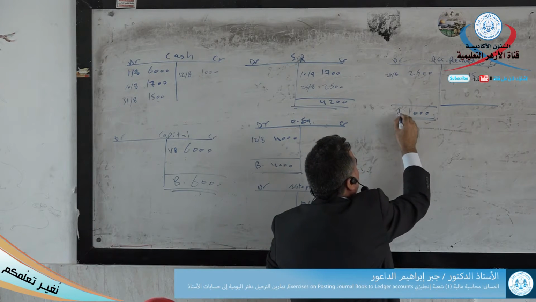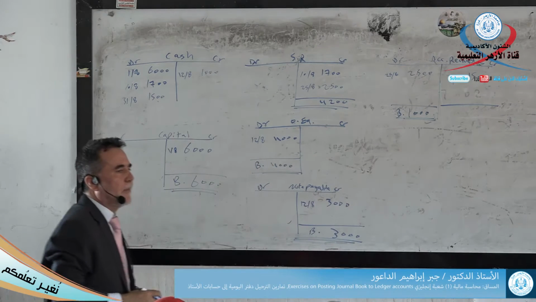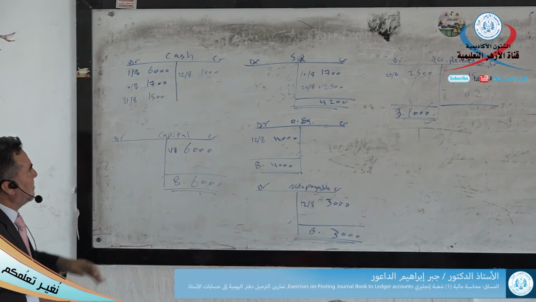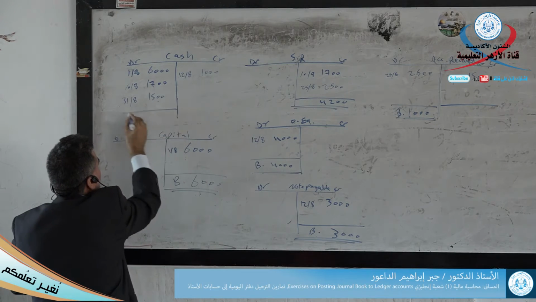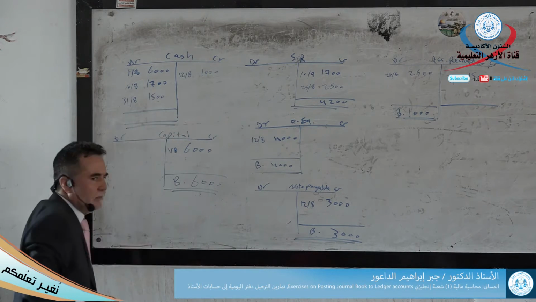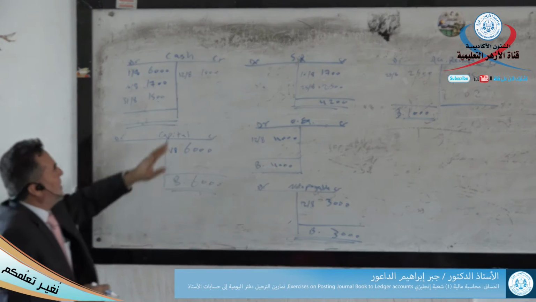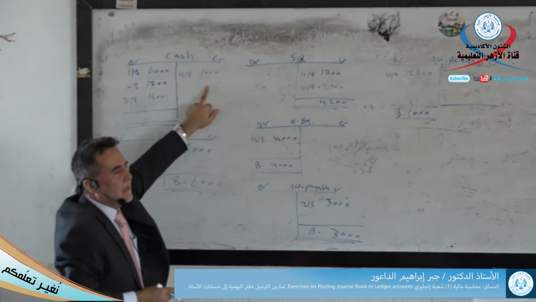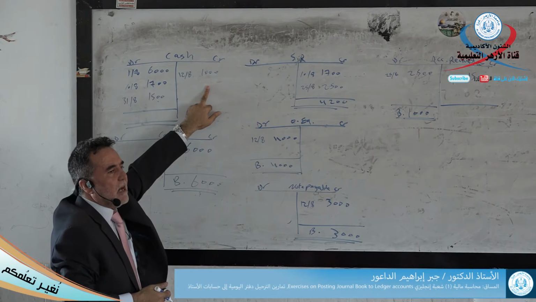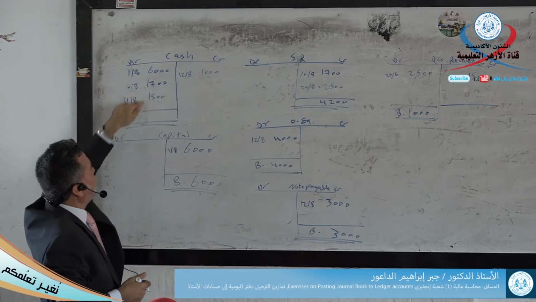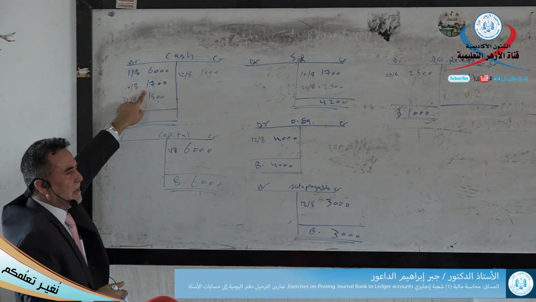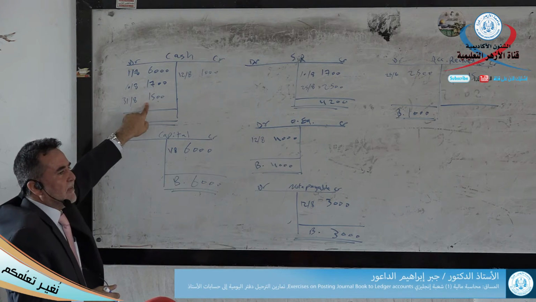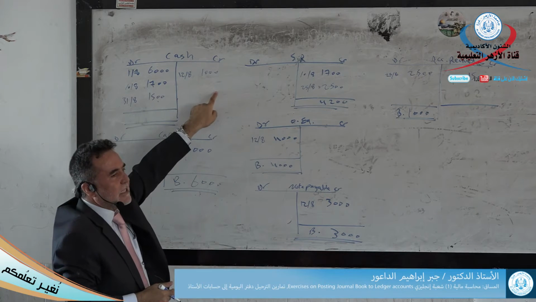Debit side. Here cash, صحيح. Credit side in cash account 1,000. Debit side 6,000 plus 1,700 plus 1,500 minus 1,000.